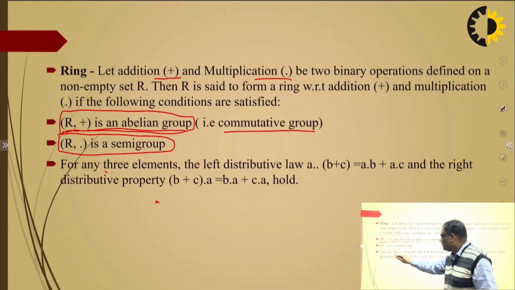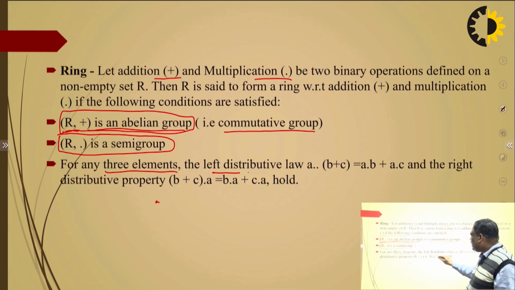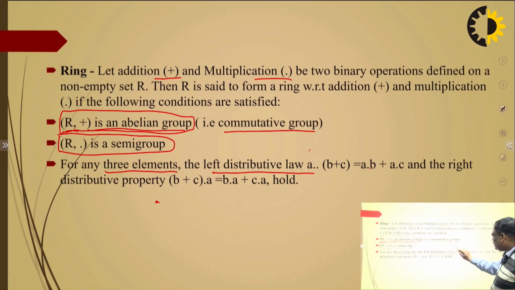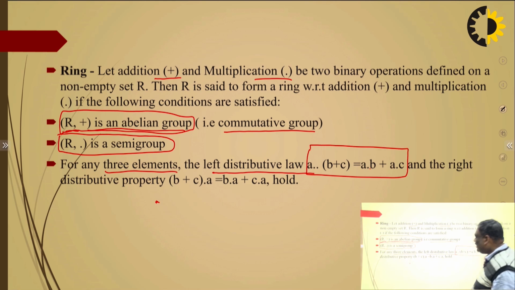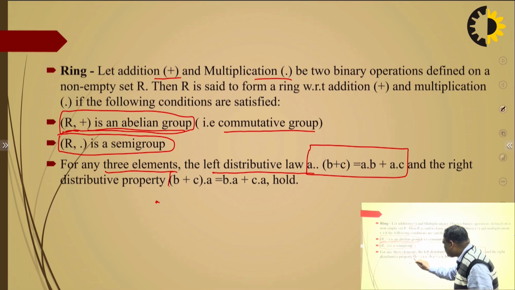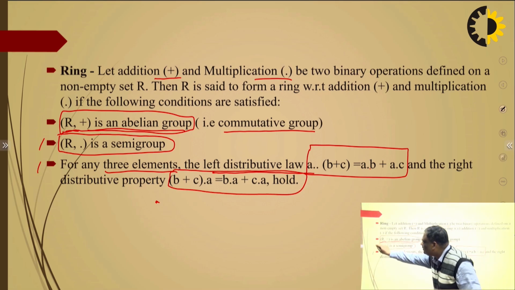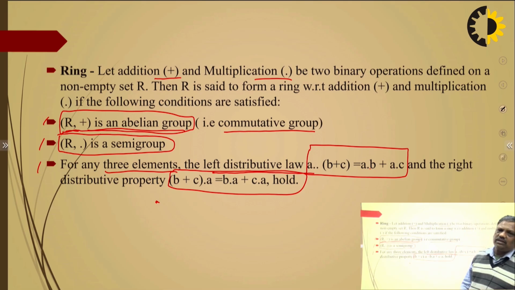And the third one is the left distributive law, A·(B+C) = A·B + A·C, which is equivalent to the right distributive law. If these three properties hold, the algebraic structure is known as a ring.